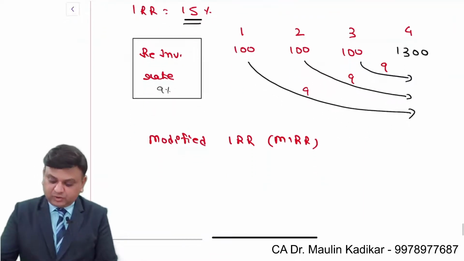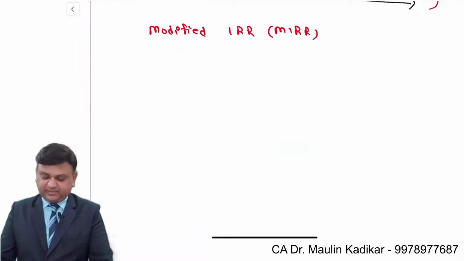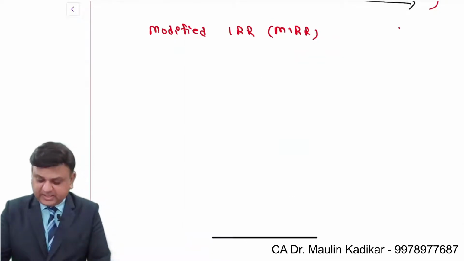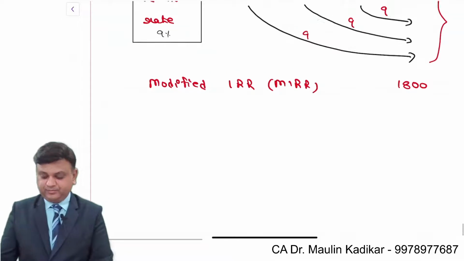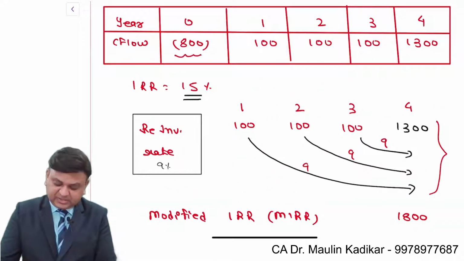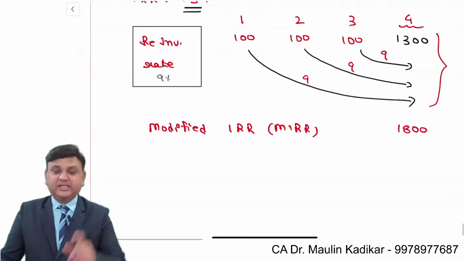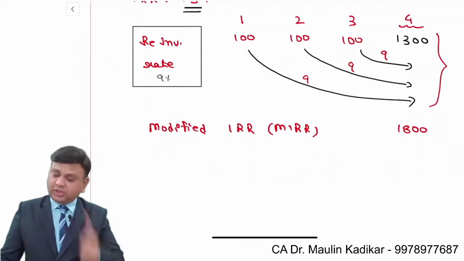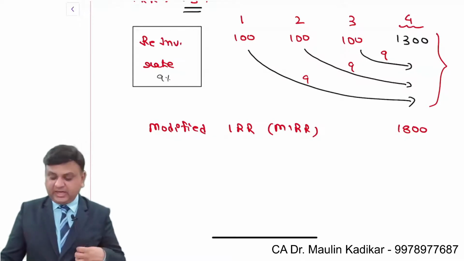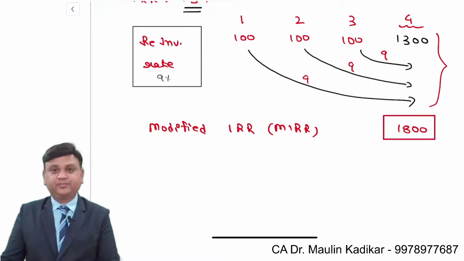So we will get the future value of the internal cash accrual. Let us say it comes to rupees 1800. It means that in year 0 you invest 800, and at the end of the fourth year, considering the actual reinvestment rate, you get cash accrual of rupees 1800.